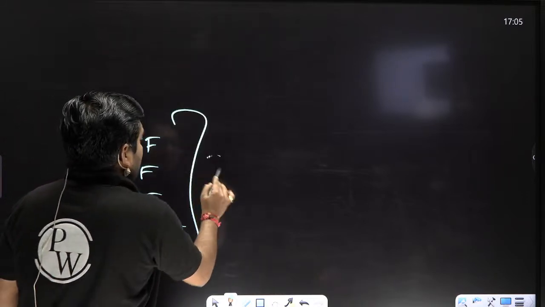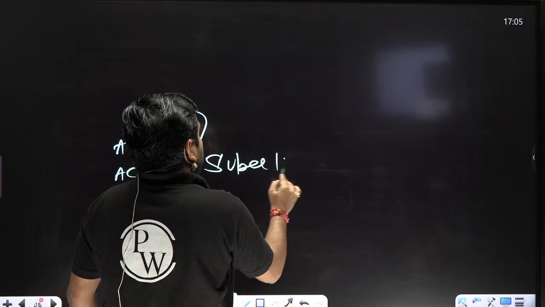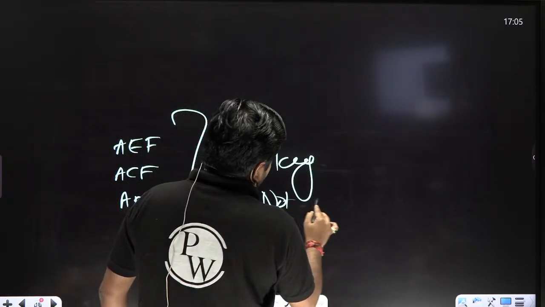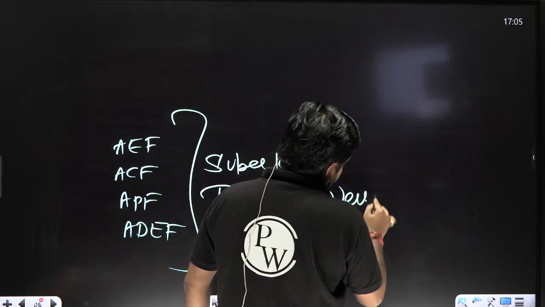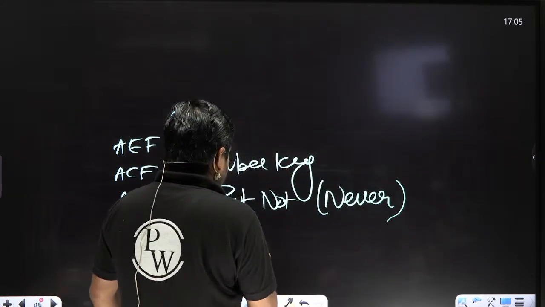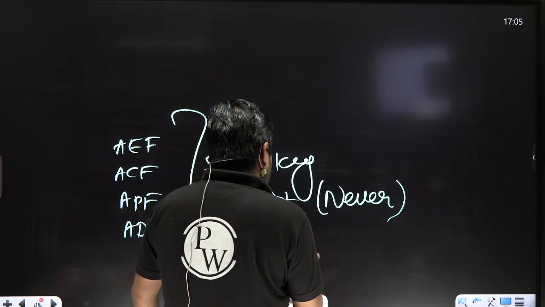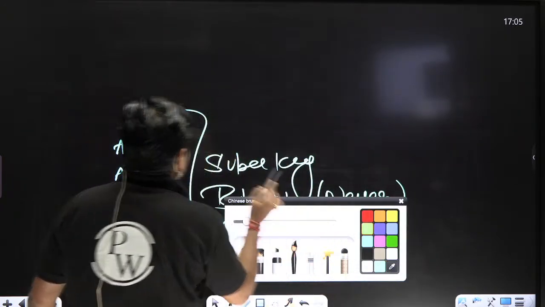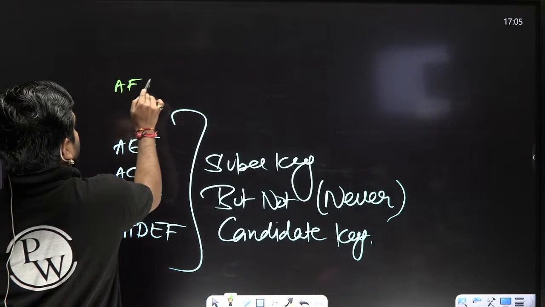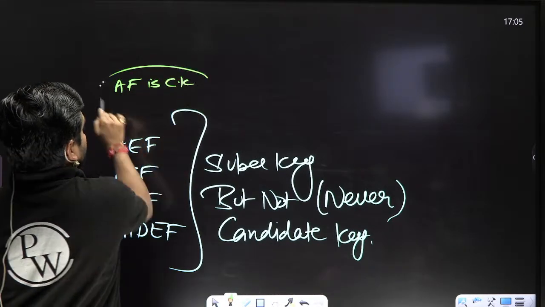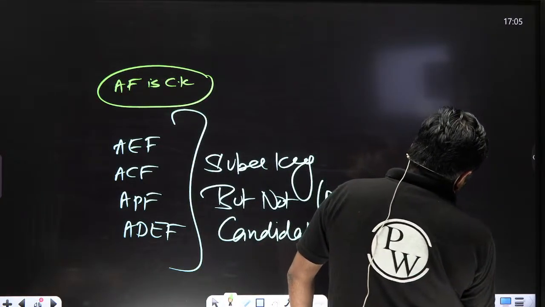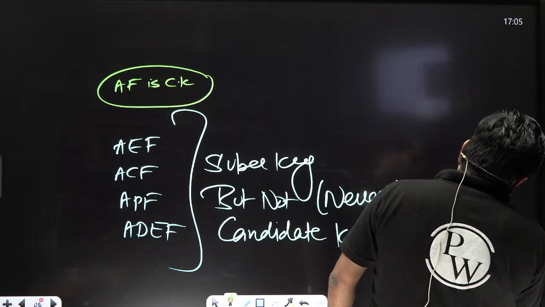These are all super keys, but never candidate keys. Why? Because AF is the candidate key, and a candidate key must be minimal.